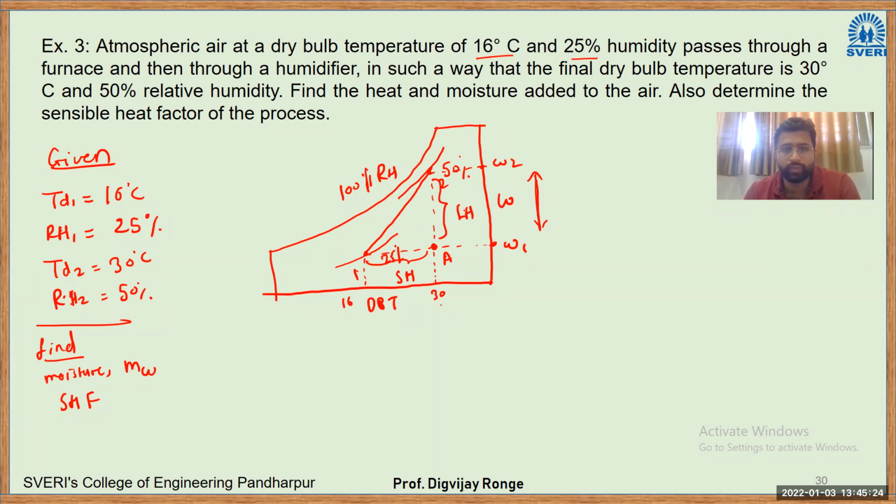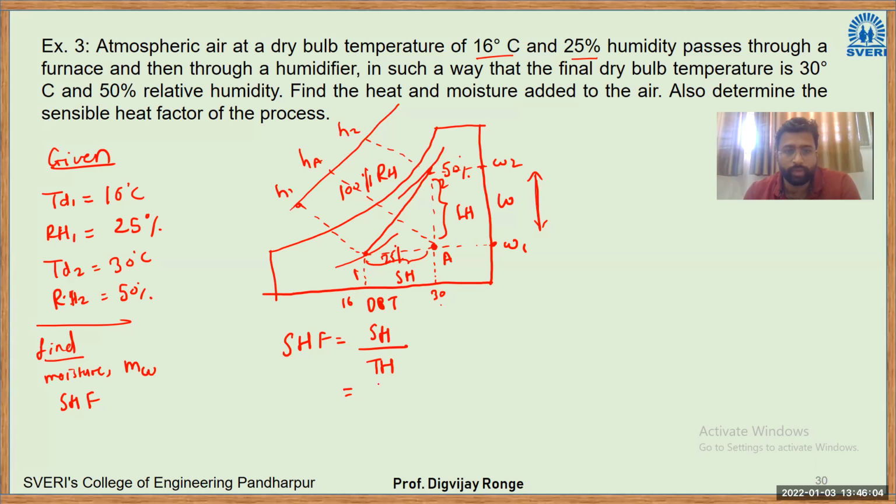Okay, so here we have to first calculate the moisture added. For that, we have to know the moisture conditions at the start and at the end, and then we can easily calculate. Next, we have to calculate SHF, right? Now the formula for SHF, sensible heat factor, we all know is sensible heat divided by total heat. Or here in this case, I can write this, if I take this to an enthalpy scale, here it will be enthalpy H1, then here we have enthalpy HA, and here we have enthalpy H2.